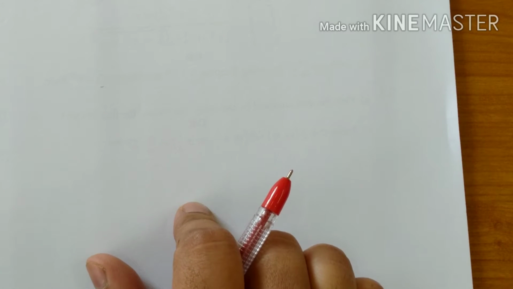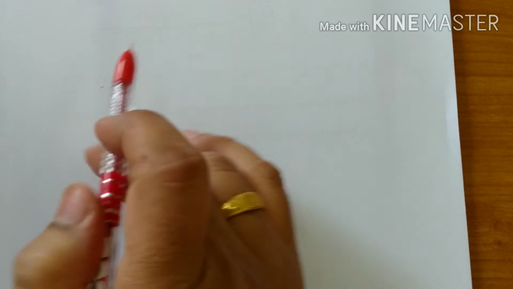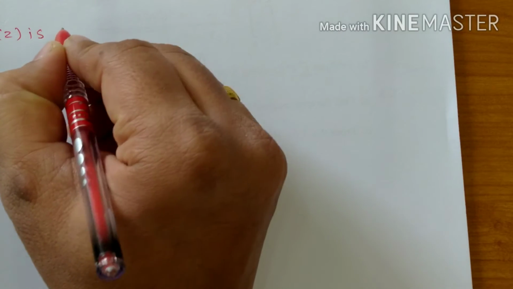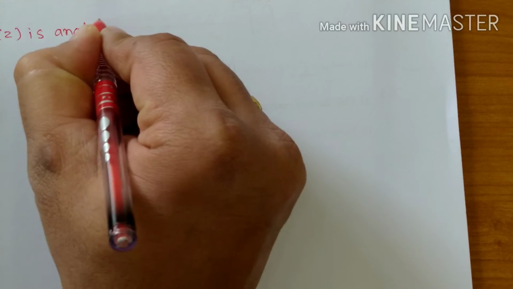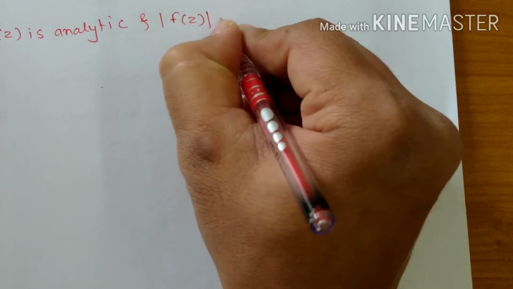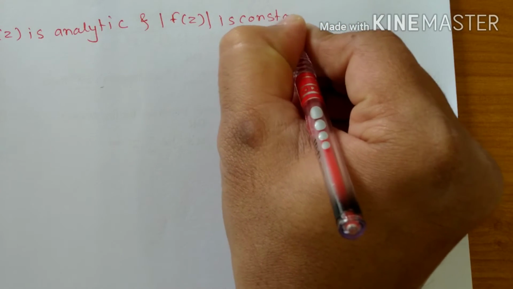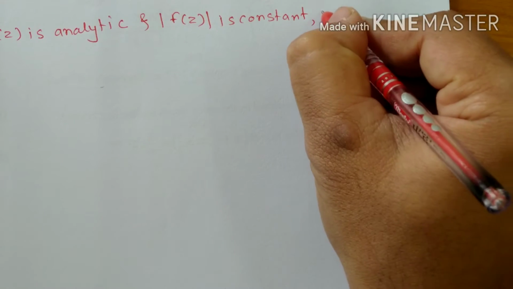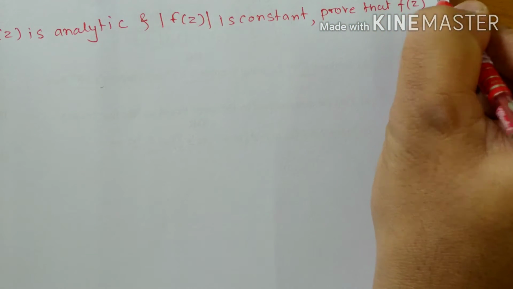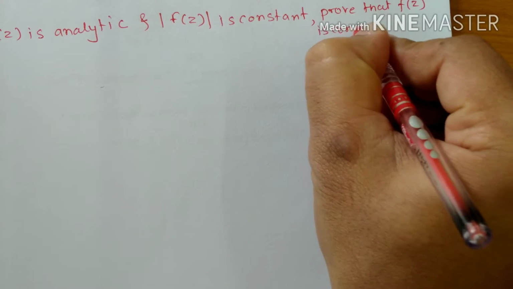The first problem we are going to discuss is: if f of z is analytic and modulus of f of z is constant, then prove that the given function f of z is constant.